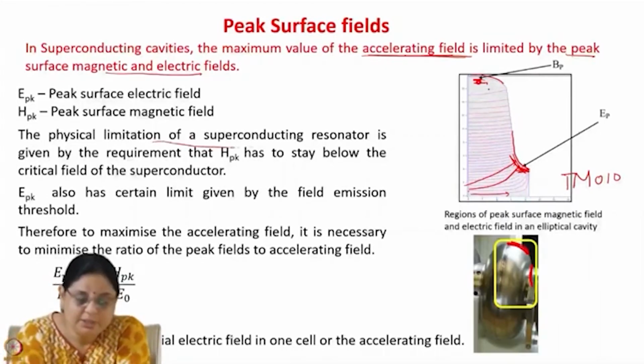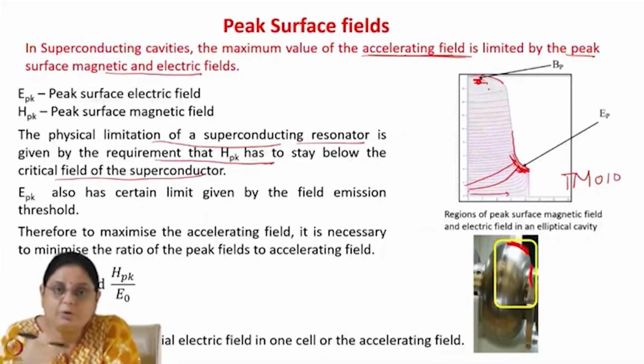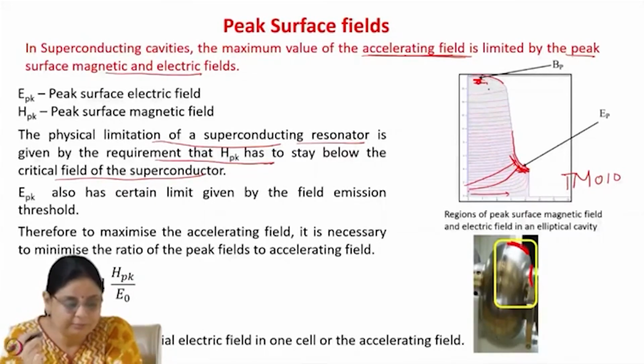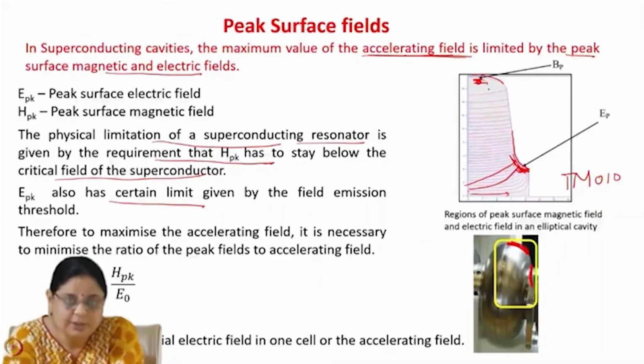The physical limitation of the superconducting resonator is given by the requirement that H peak has to stay below the critical field of the superconductor, because if you go above the critical field, then the superconductivity is destroyed. E peak also has a certain limit which is given by the field emission threshold. So you have to keep these peak surface values within the limits.